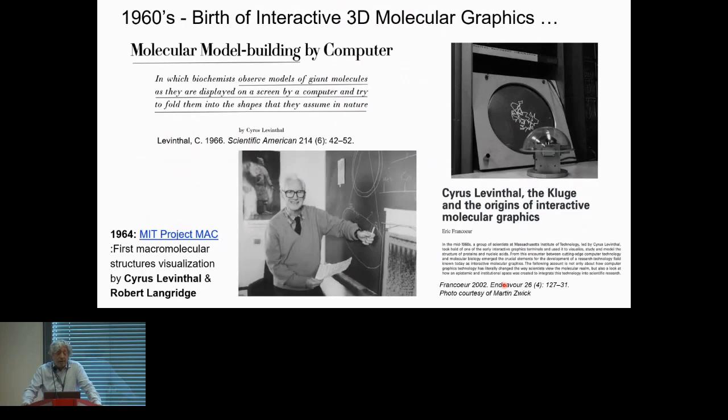And it all started with Cy Leventhal in the 60s, where he was doing molecular model building to observe giant molecules on a screen and try to understand how actually they fold into the shapes that nature gives them.